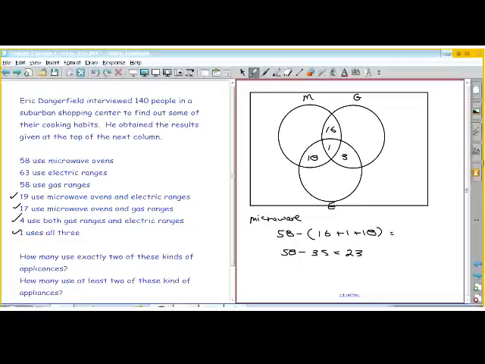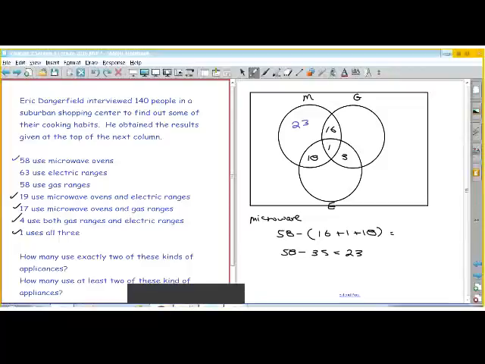So that comes out to be 23. So the answer here is 23. You can always double check by adding them back together, see if you get that. Let's try it out. 23, 39, 40, 50, 58. Okay, so that worked out.